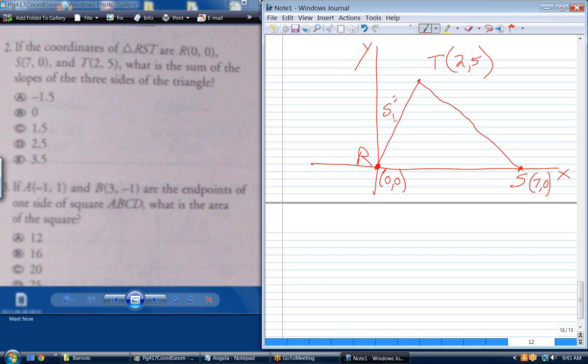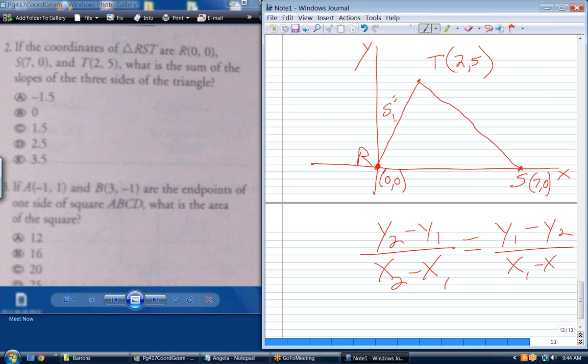Where I'm confused though is, how would I know which one was y2 and y1 and x2 and x1? It's actually better to remember slope as being rise divided by run. Because it doesn't really matter whether you do this or this. You get the same number.